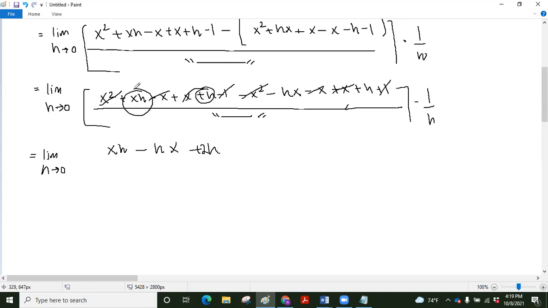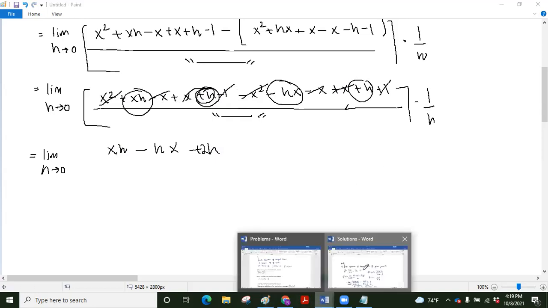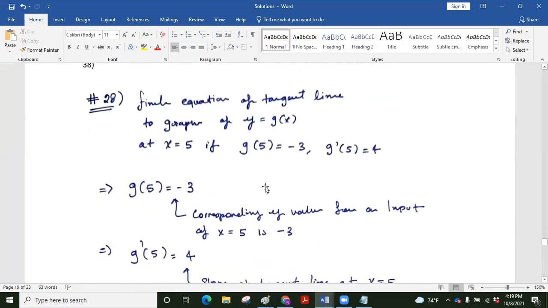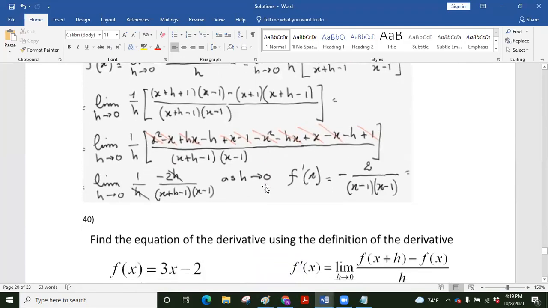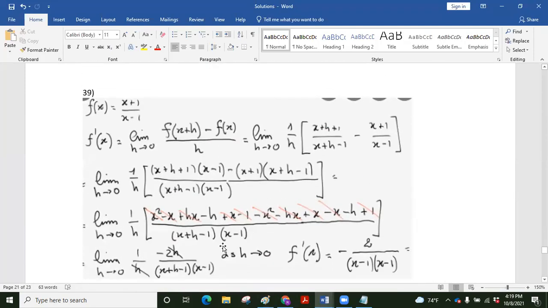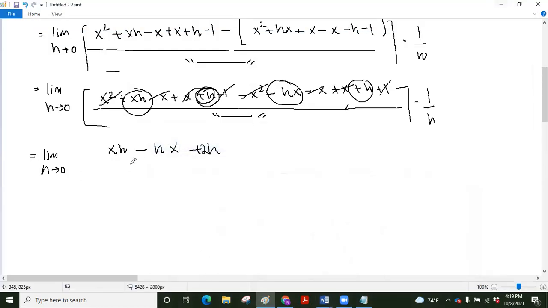So xh plus h minus hx plus h. Let's see if that's consistent. Seems like everything should cancel out with the exception of, well, we'll have to see.